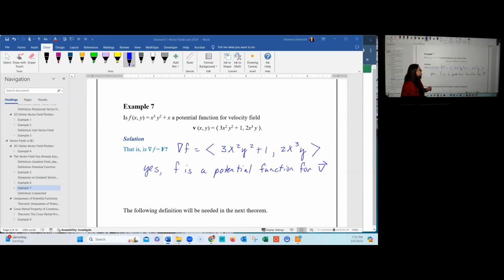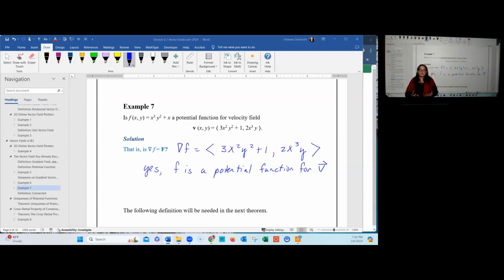In this case, when we find the first partial derivatives of the function f of x and y, we get 3x squared y squared plus 1 for the partial with respect to x, and 2x cubed y for the partial with respect to y. Each of these components perfectly matches the components of the velocity vector field.